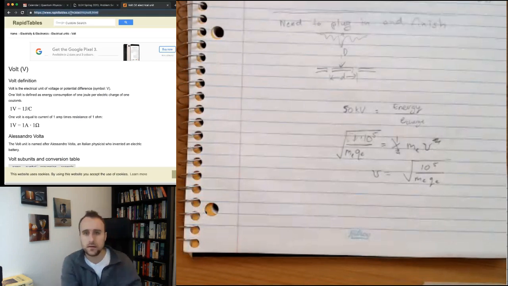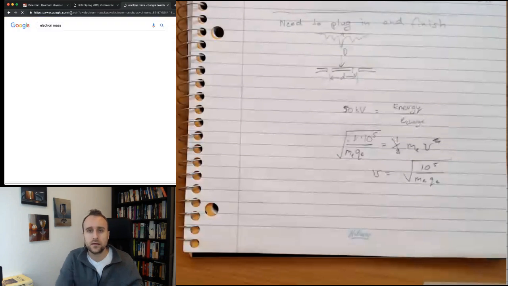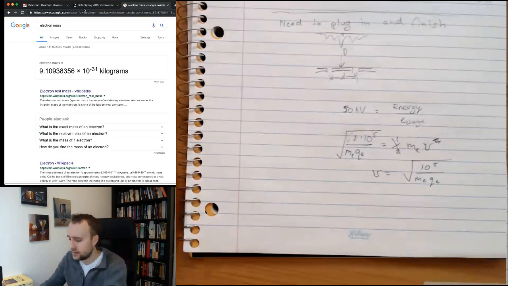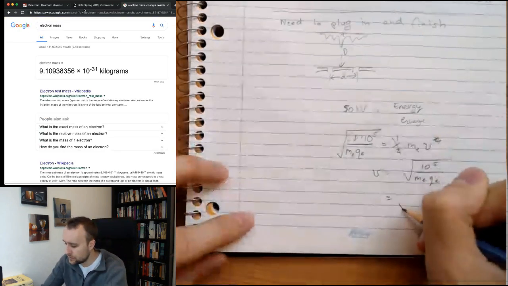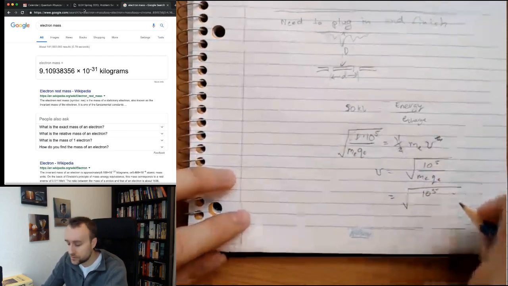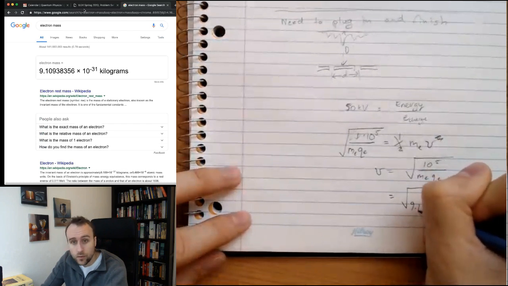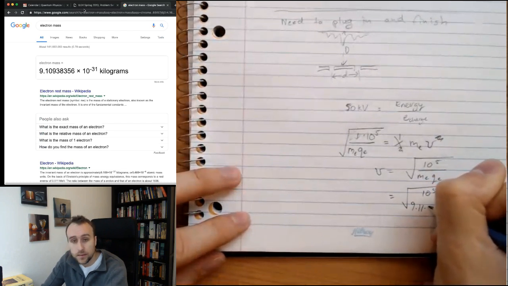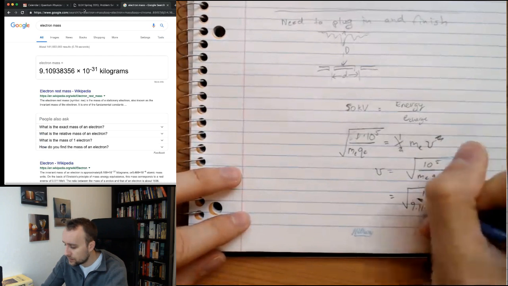Google is your friend. All right, so let's just do this here. 10 to the 5th. Mass of the electron is 9.11 times 10 to the negative 31 kilograms.